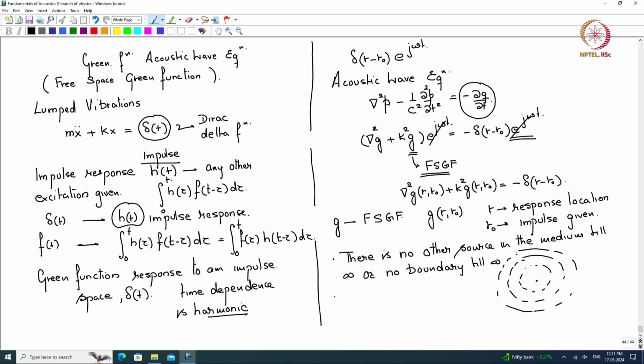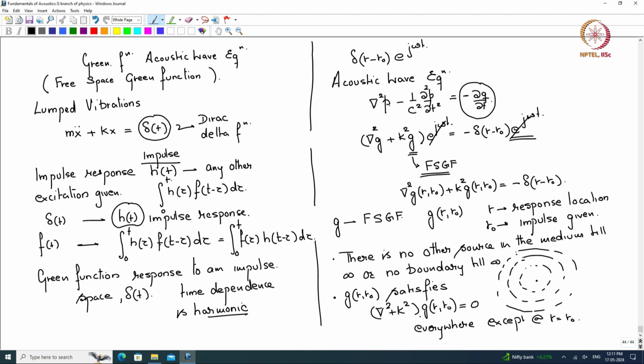So the Green function G satisfies del square plus k square acting on G of r comma r0 equal to 0 everywhere except at r equal to r0.